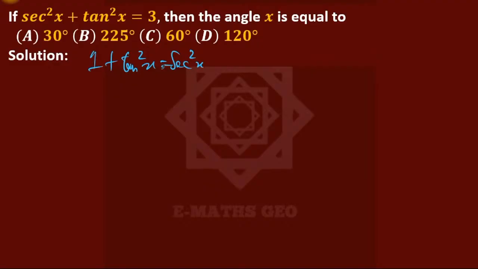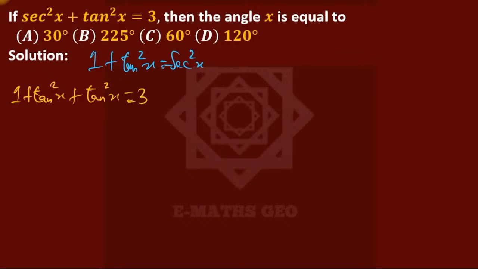So I can replace sec squared with 1 plus tan squared, and then add the tan squared, and this is equal to 3.